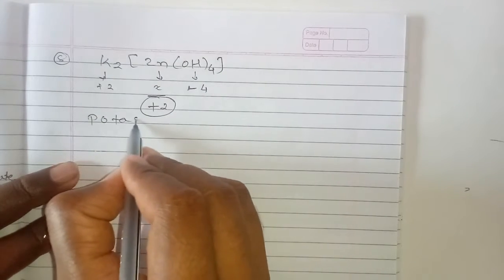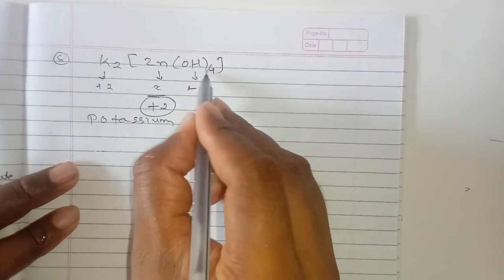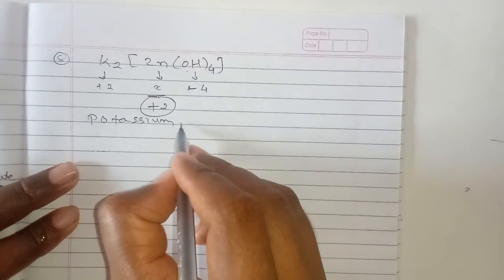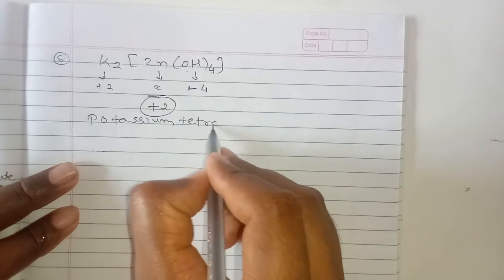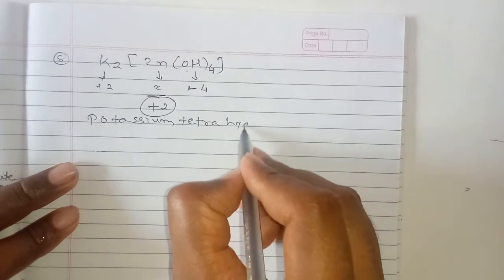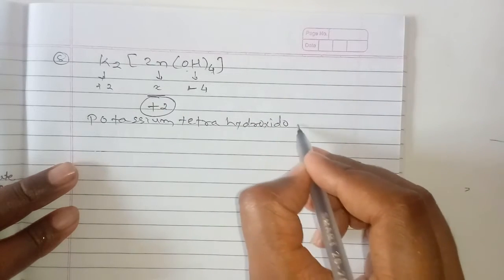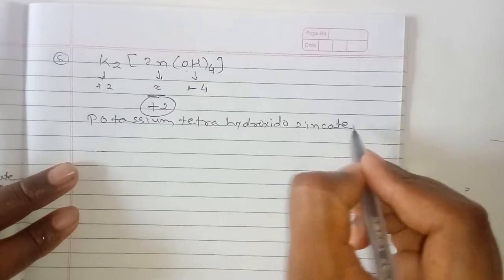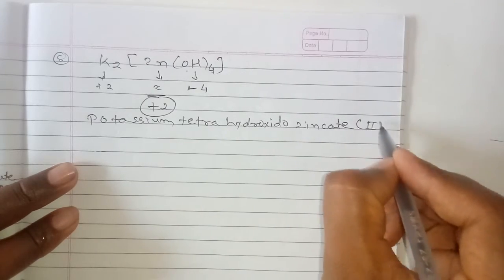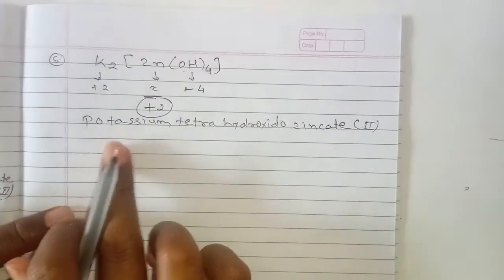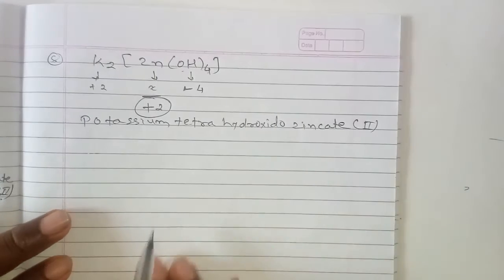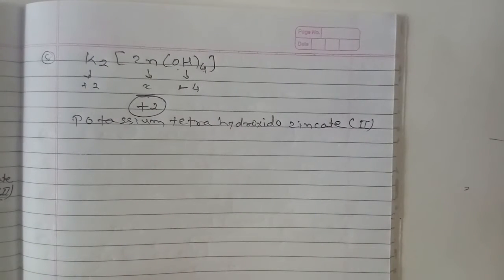Potassium, then 4 times, it is tetrahydroxido, Zn for zincate, and its oxidation state is 2. Potassium tetrahydroxido zincate(II).